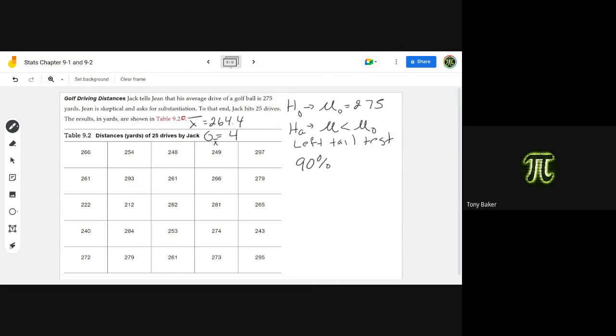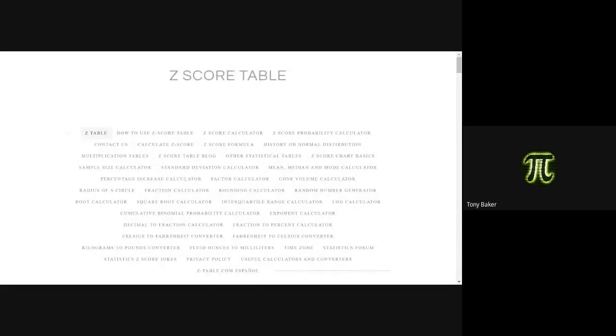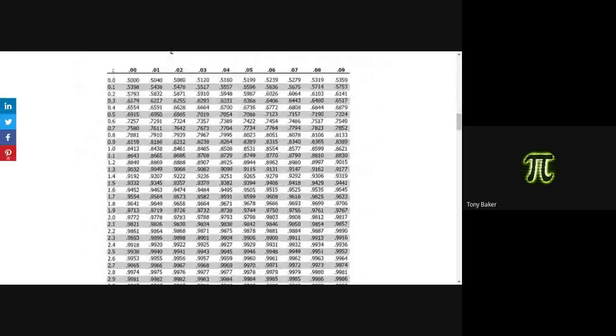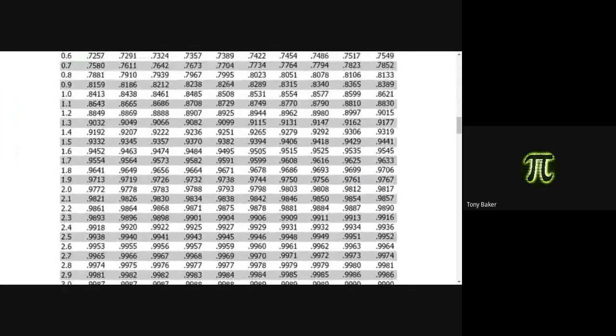All right. So we want to find the z-score that goes along with the 95%. Or the 90%, sorry. So if we go to our z-table, and we're looking at 90%, right?